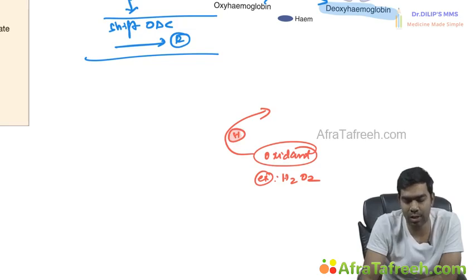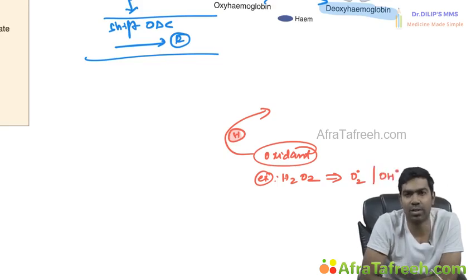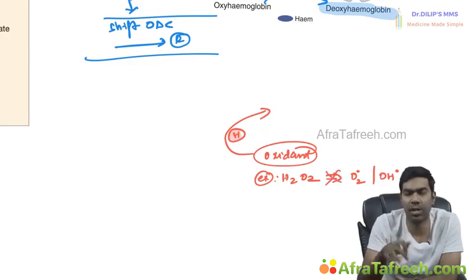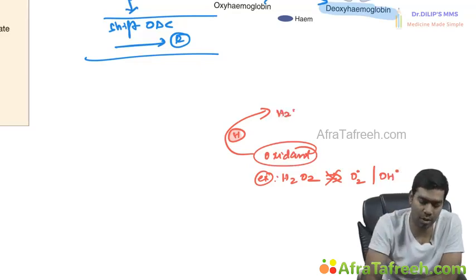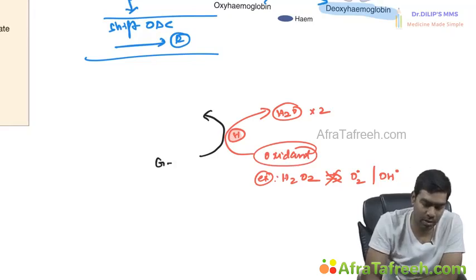Otherwise, this is going to generate free radicals like oxygen free radical and OH free radical, because this is an oxidative compound. To avoid this and produce a non-oxidative, neutral compound like water, you need hydrogen. You need to reduce those oxidative products. How can you reduce them? Through an important compound called glutathione, and it has to be in the reduced state.